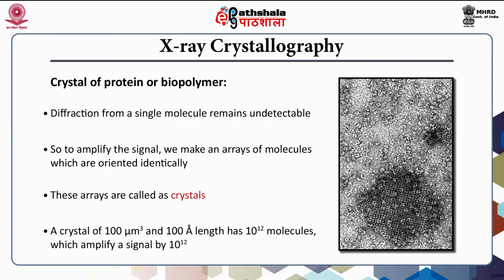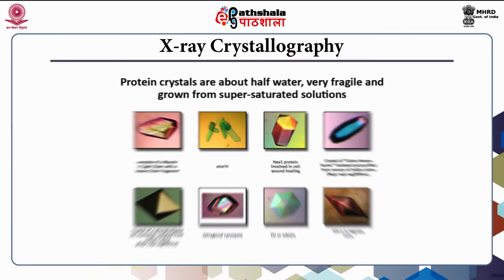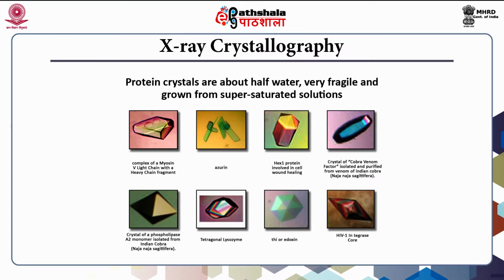So, let us see a few examples of crystals, how those crystals look in real sense for different proteins in the next slide. In this slide we can appreciate the beautiful crystal structure of different proteins.